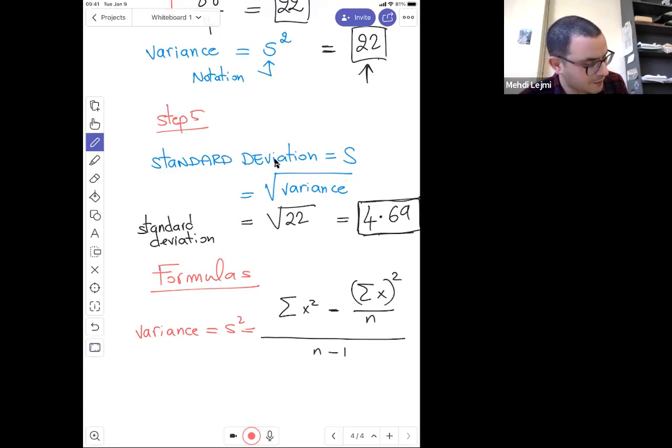This is the formula we applied to find the variance.